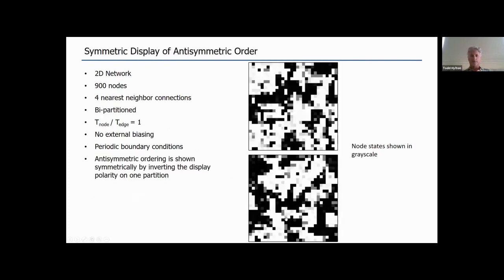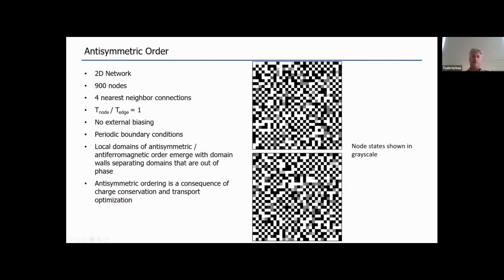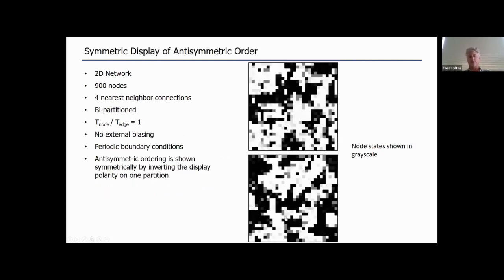So here's exactly the same network. I find it very hard to look at this antiferromagnetic order, so I'm going to display it henceforth as ferromagnetic order by essentially inverting the sign of the display of the node state in every other node. So now you can see domains that look primarily black and primarily white, and you can easily see domain walls between them.